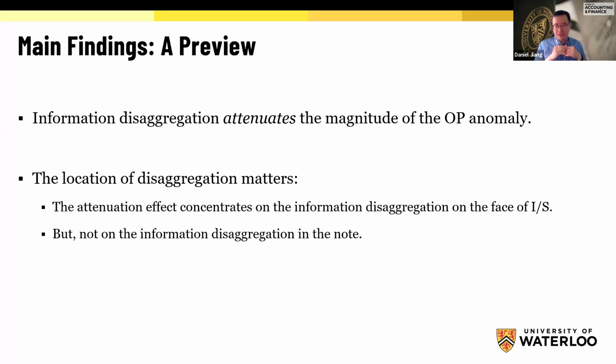After we measure the disaggregation separately for the operating profitability related information recognized on the face of the income statement and that disclosed in the notes, we find that only the information disaggregation on the face of the income statement can consistently attenuate the OP anomaly, and we cannot draw the same conclusion with the information disaggregation happening in the notes.